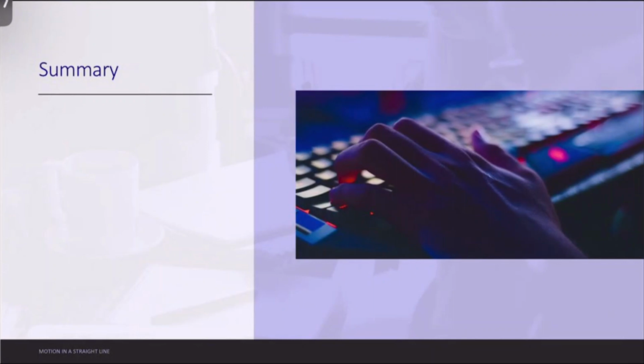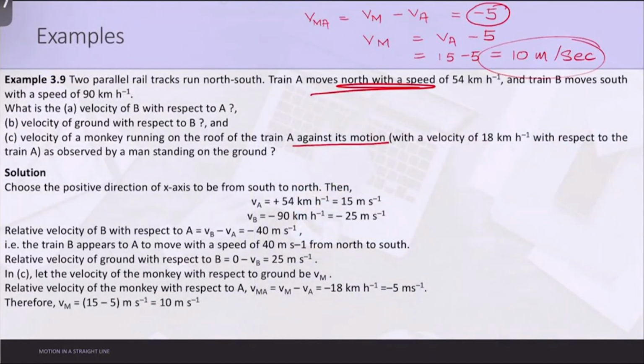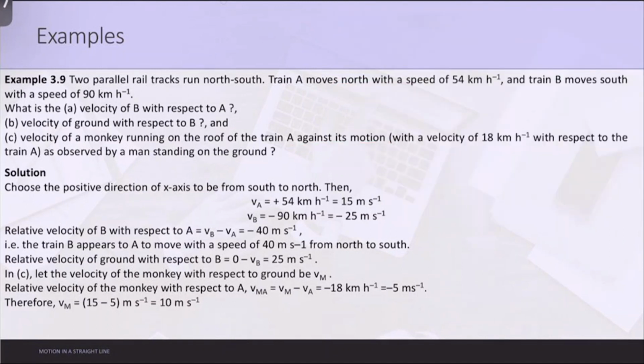Fine, so that was everything regarding the concepts of relative velocity. Try to solve relative velocity questions at a much clearer depth. The only place where you can make an error in relative velocity is not understanding the VG part. Please remember, the velocity VG is always equal to 0.